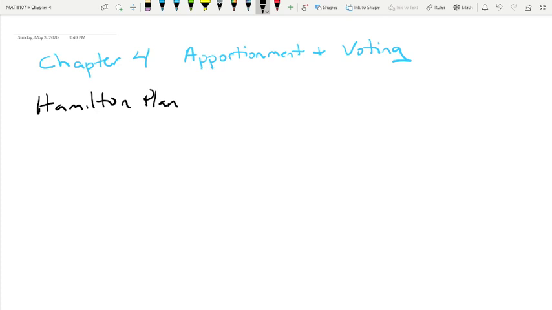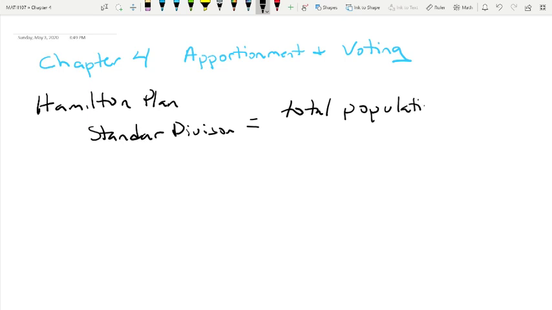And so you have what's called the standard divisor, and that is given by the total population divided by the number of representatives.